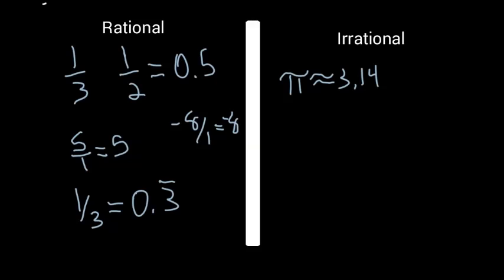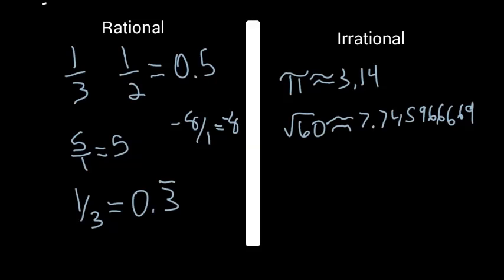The other case you're going to get is with square roots. Let's say we have the square root of 60. And when you do the square root of 60, it's not a perfect square root. So you get a decimal that is about 7.7459666 and so on.